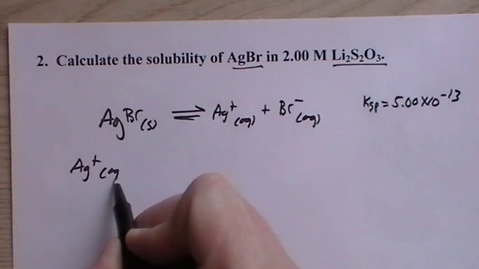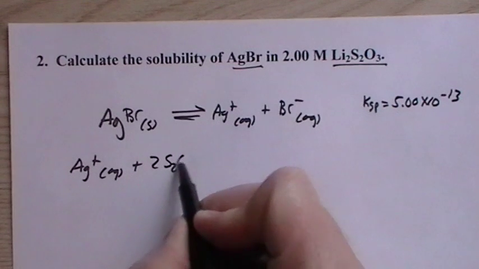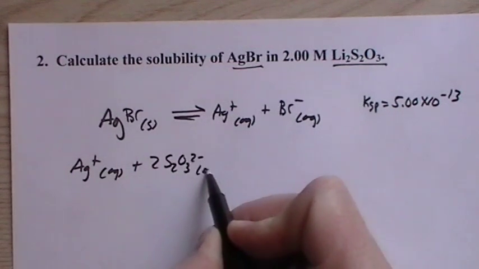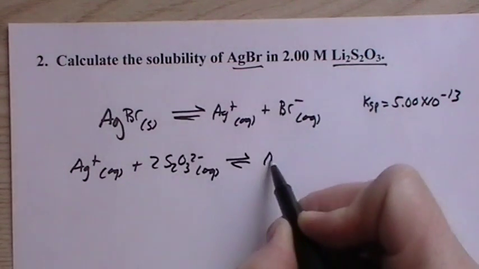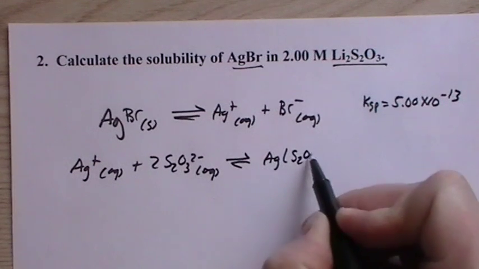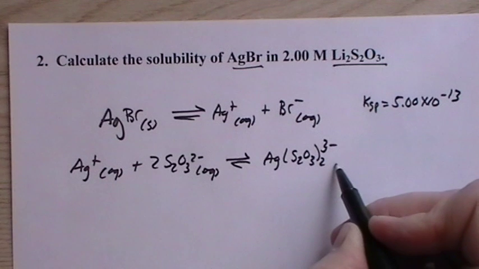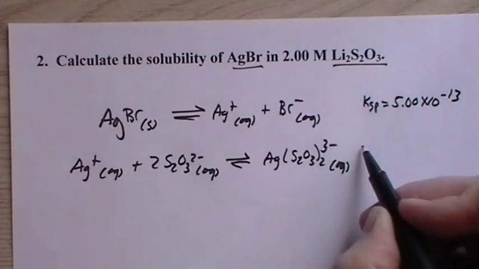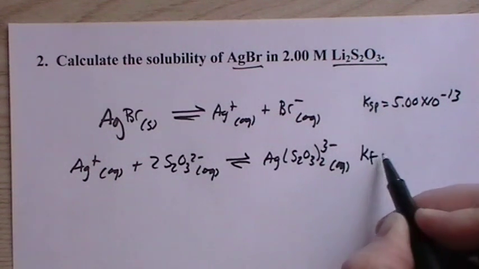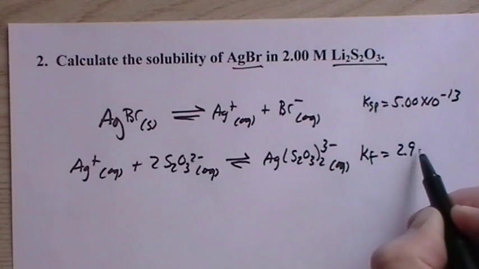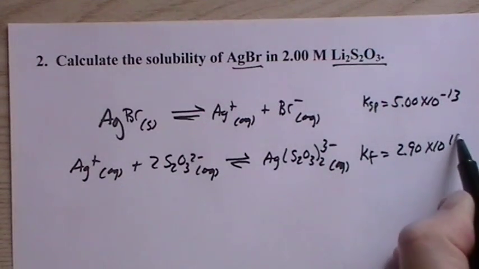Now the silver will react with two thiosulfates and produce this complex. And this has a Kf of 2.90 times 10 to the 13.